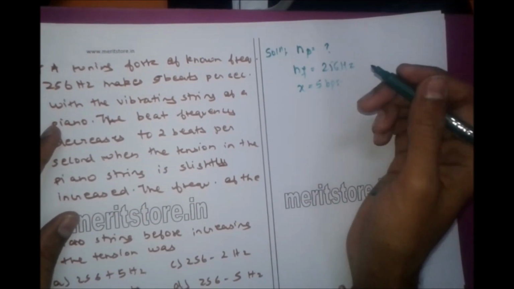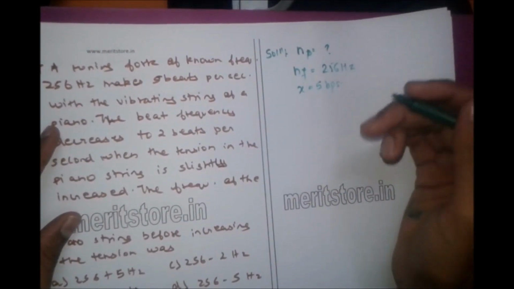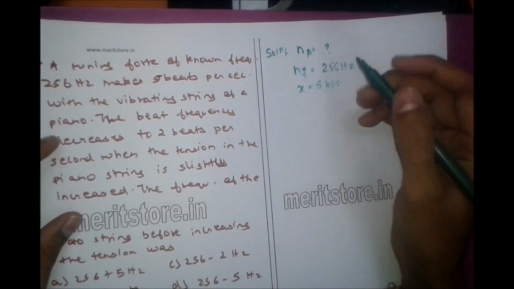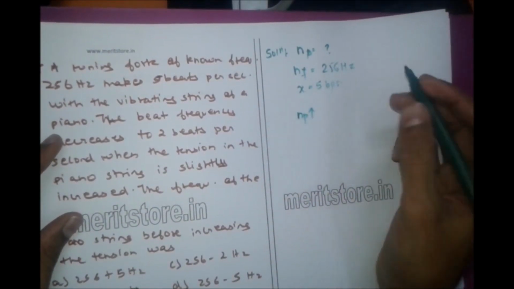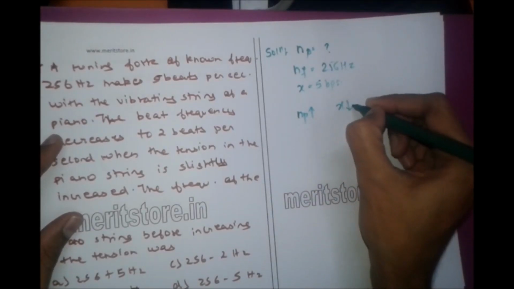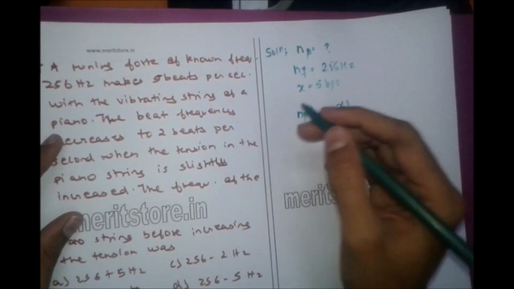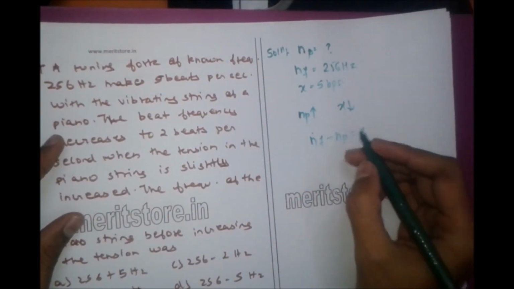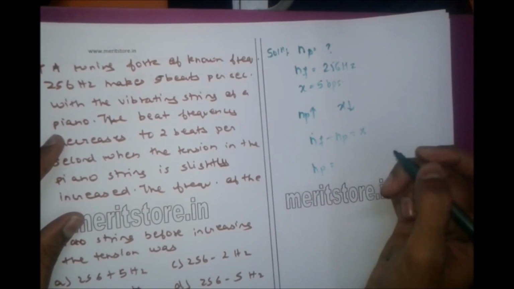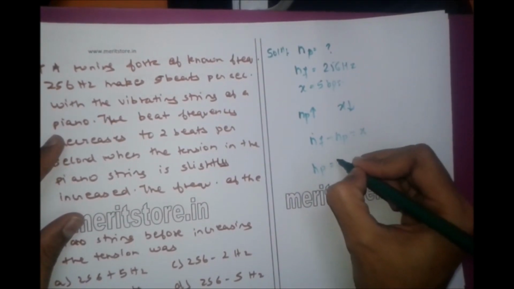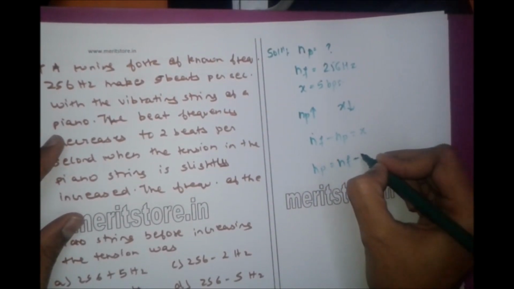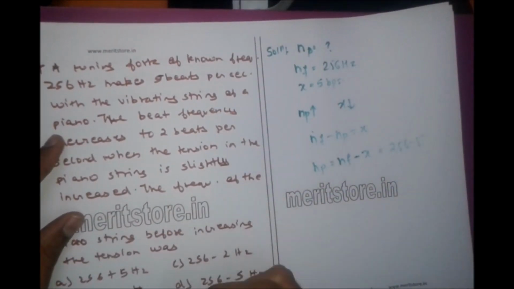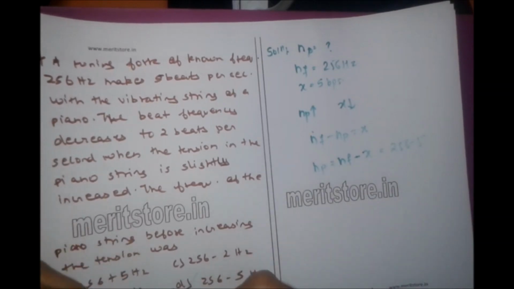The beats per second are decreasing and the tension in the piano string is slightly increasing. So you have an increase in NP and a decrease in X. So the equation can be written as NF minus NP gives you X. Therefore NP equals NF minus X, so that becomes 256 minus 5. So your correct option is option B, 256 minus 5.